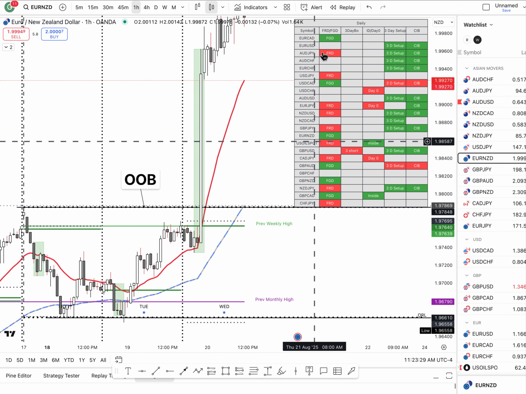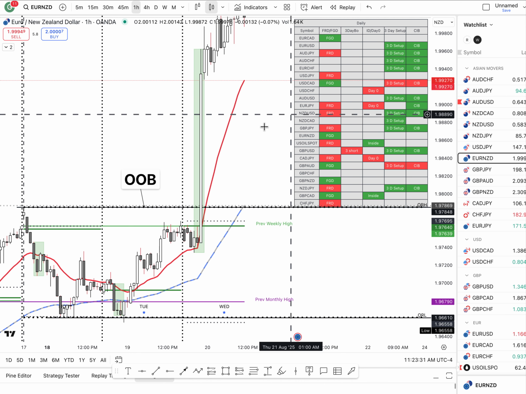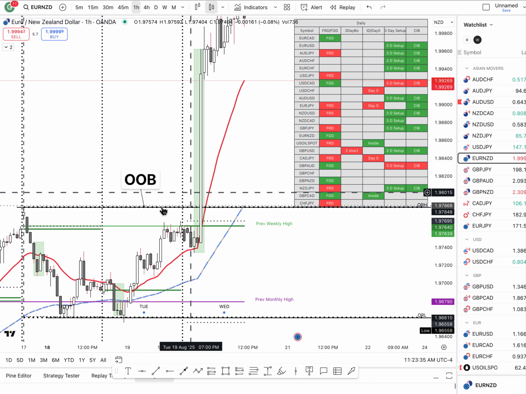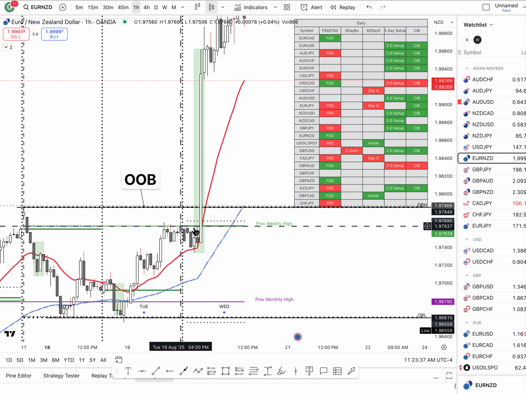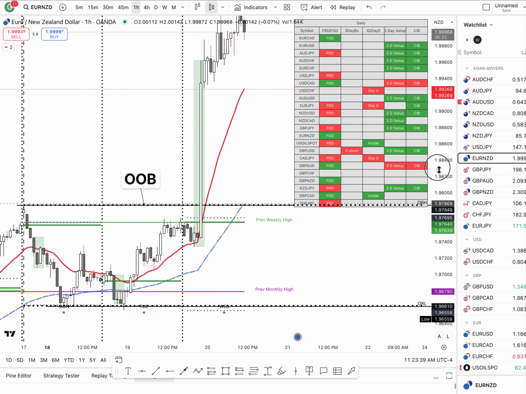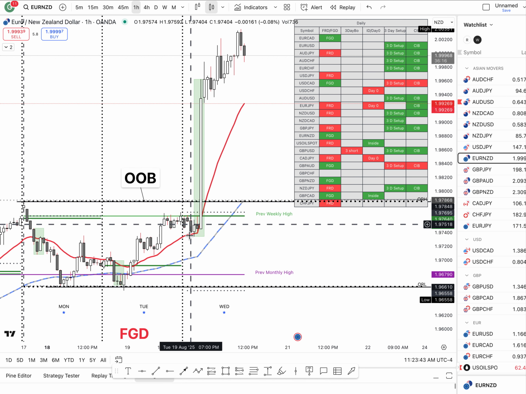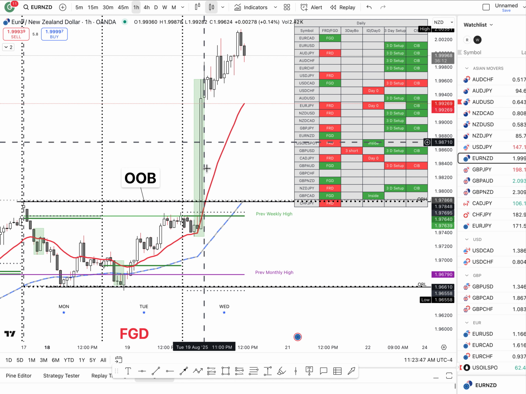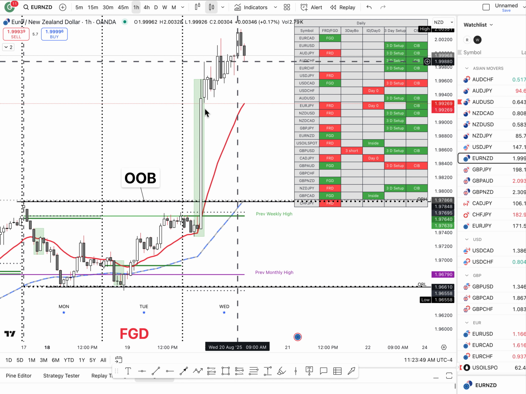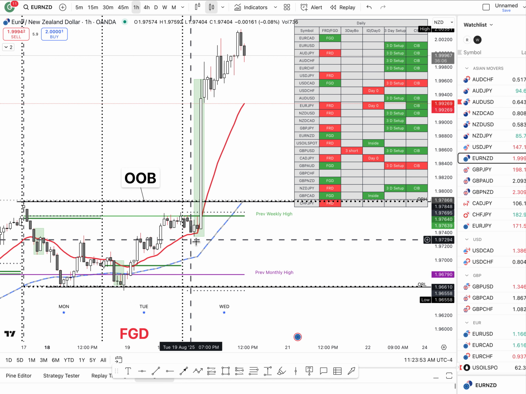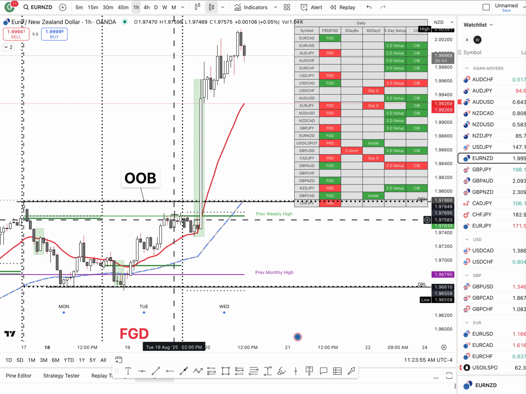It is also important to always check your screener and mark up your chart. Now the Euro NZD has played out and given us a what? FGD. Now what do we do? We go back to that same page. We want to come in Asia to see what happens from Asia to US to London before the US session. It's very important for these pairs to come in the Asian London window, because these moves will often take off in Asia.